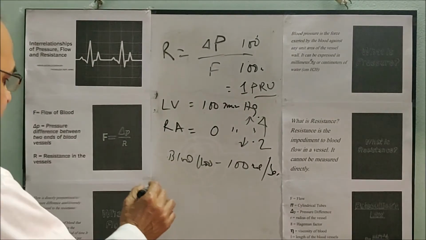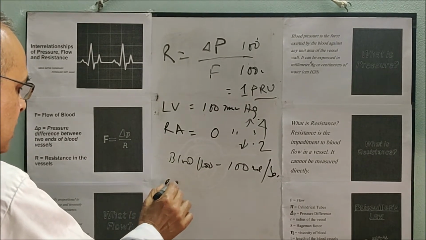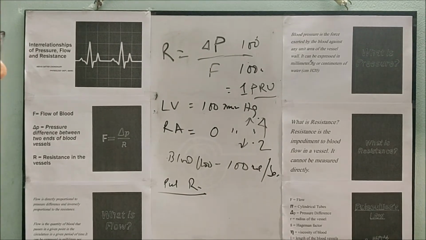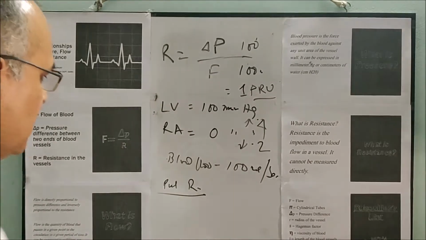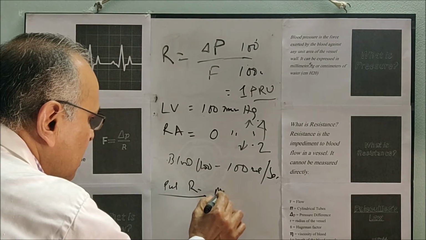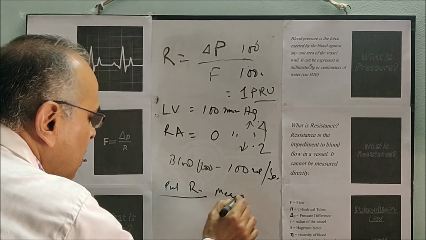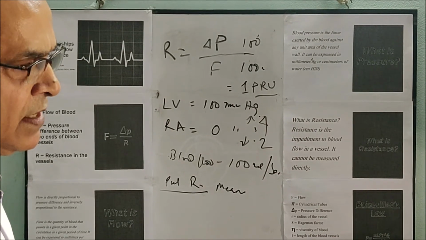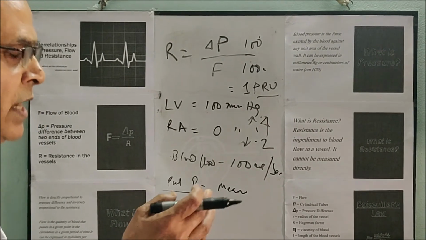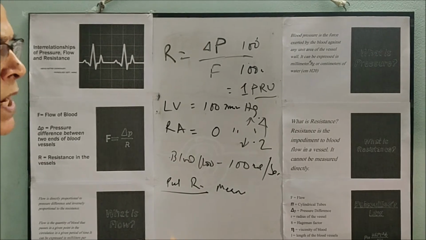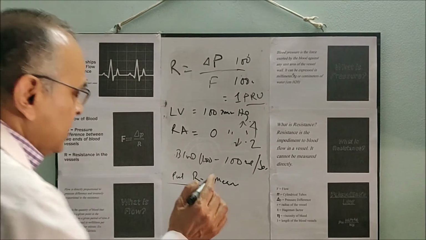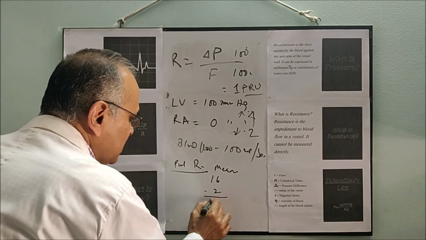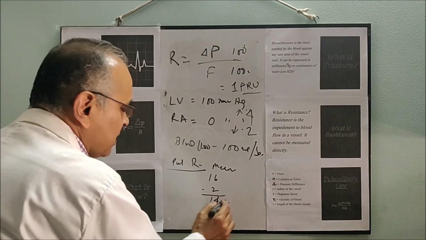Now come to the pulmonary resistance. How can you measure pulmonary resistance? Mean pulmonary arterial pressure is 16 millimeter of mercury and left atrial pressure is plus 2 millimeter of mercury, and 16 minus 2, how much is the pressure difference? 14 millimeter of mercury.